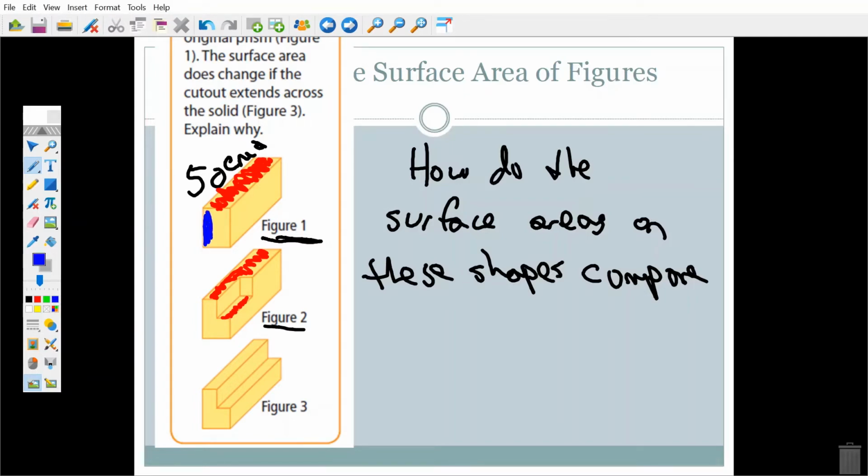Same with the front. The front here is a full solid section of blue, and at first glance, this one appears to be less surface area, but we have another piece of the front right here. If you put those together, they would still calculate to be the same as diagram number 1.